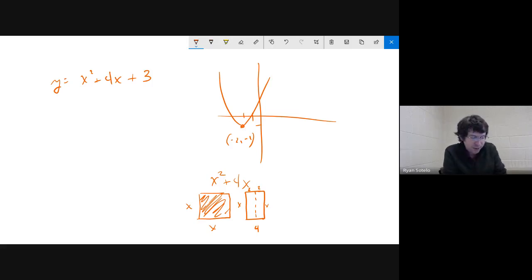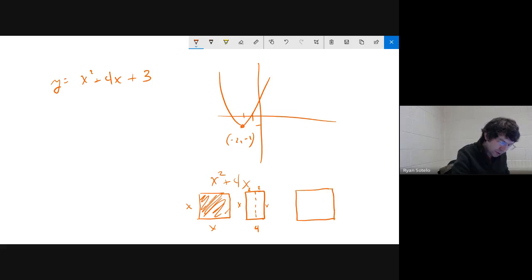So now I have 2 rectangles. Well, not only is the height of the square x, so is the base. So if I take one of the parts of the rectangle, and I put it on top of the square, and then snap the other rectangle onto the side of the square, I get this. So I have my square, sort of.